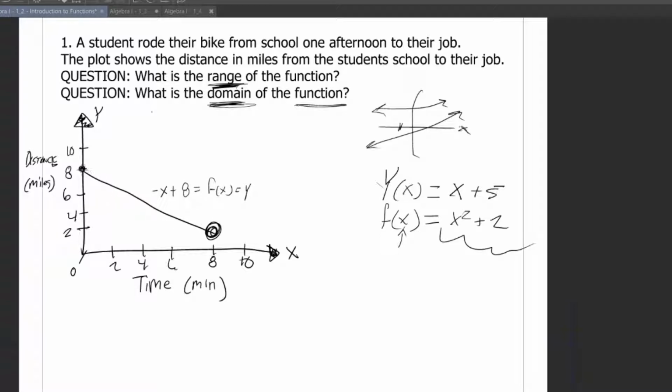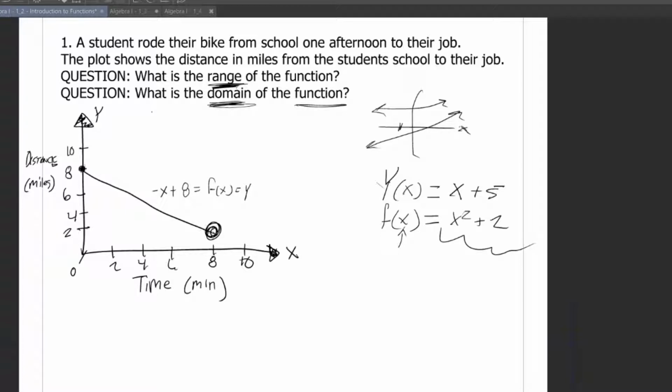Now, looking here, one of the answers may try to confuse you and tell you that the range is 8 to 2, which is true, but it's not entirely true. Since this isn't bubbled in, it's not included within the domain or range of this function.